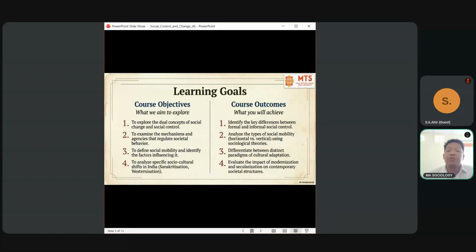Objectives, what we aim to explore, what these blocks try to give you.